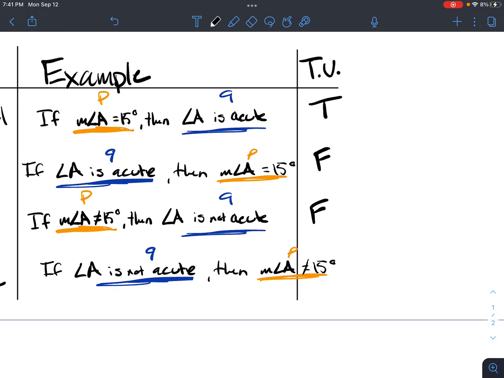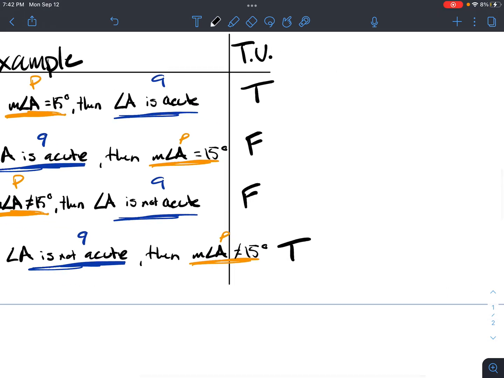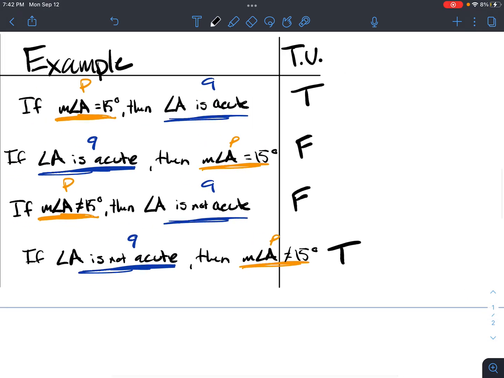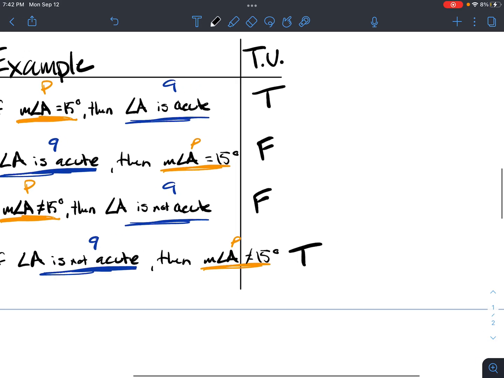And then lastly, if angle A is non-acute, then angle A cannot equal 15. And that is true. If it is not acute, meaning it's greater than 90 degrees, it can't equal 15. So that's true.